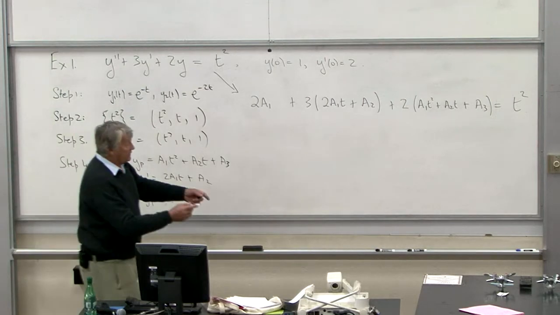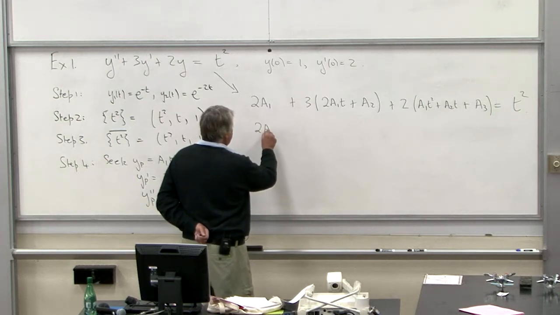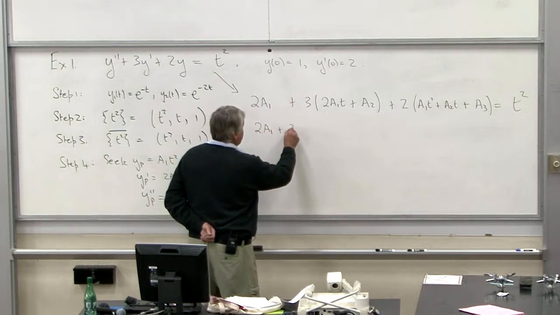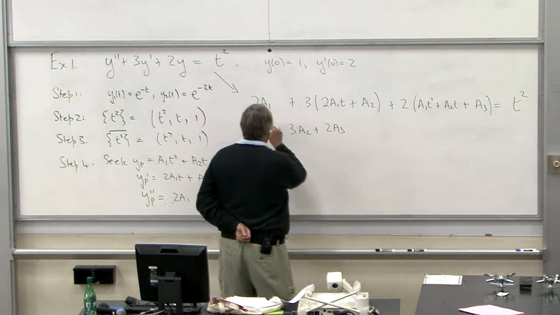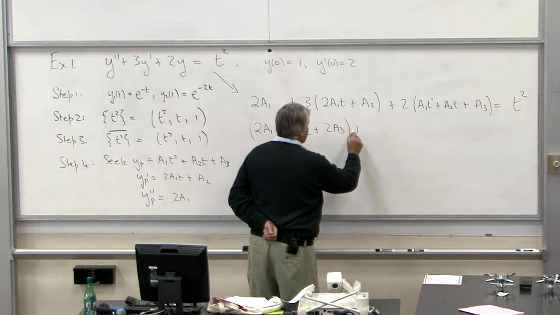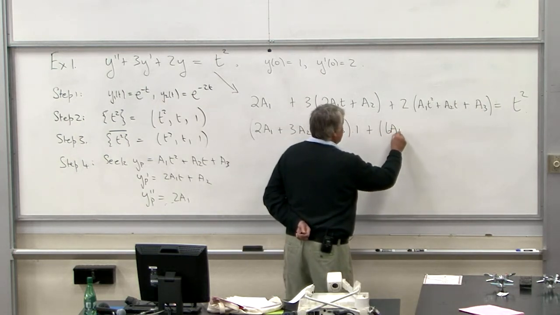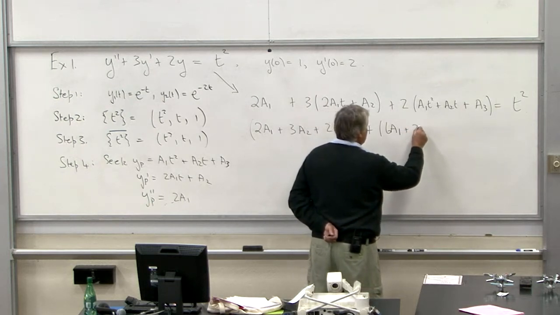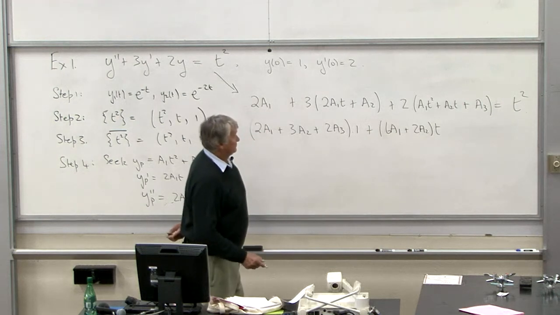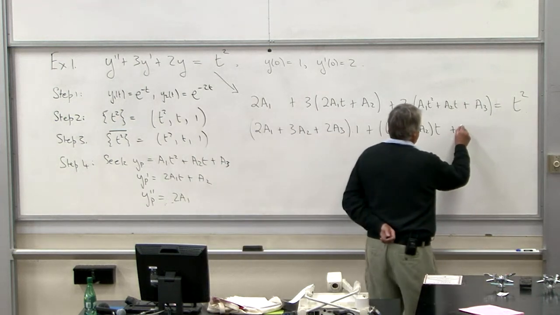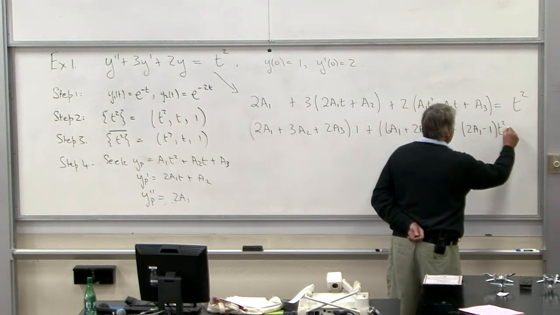Now, let me gather the terms together. The terms with no t's in them, I have 2a1 plus 3a2 plus 2a3 times 1, plus 6a1 plus 2a2 times t, plus 2a1 minus 1 times t squared equals 0.